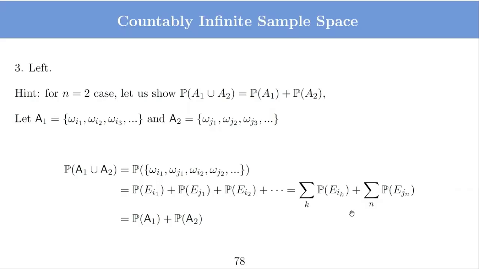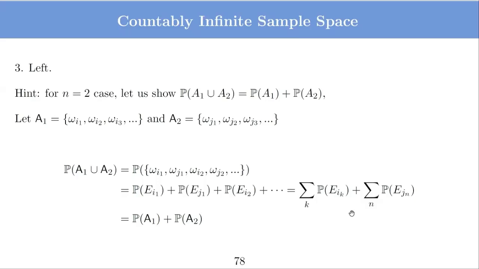We will show it for one example when n is equal to 2. So let's assume there are two sets, A1 and A2. Then we have to show that by the definition of probability measure we have taken, probability of A1 union A2 should be equal to probability of A1 plus probability of A2 if A1 and A2 are disjoint. Okay, let's assume A1 and A2 both are countably infinite.